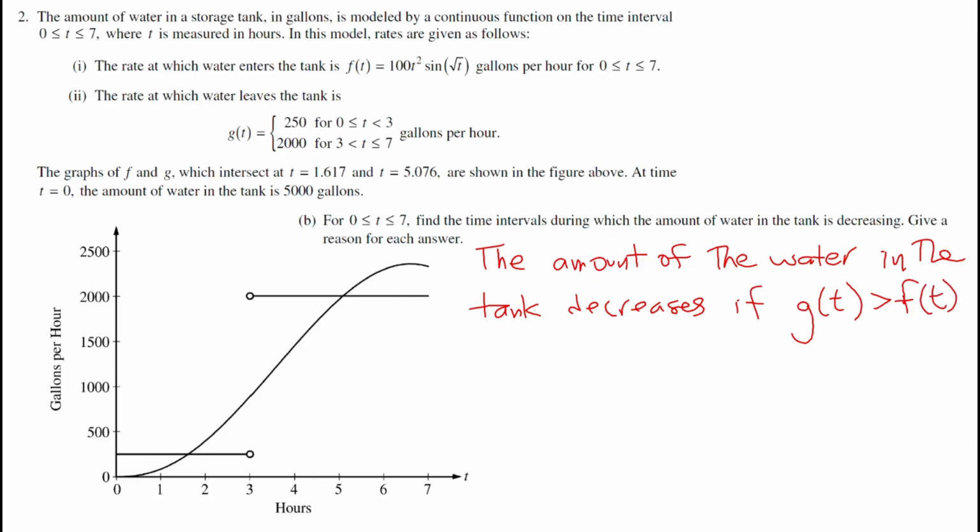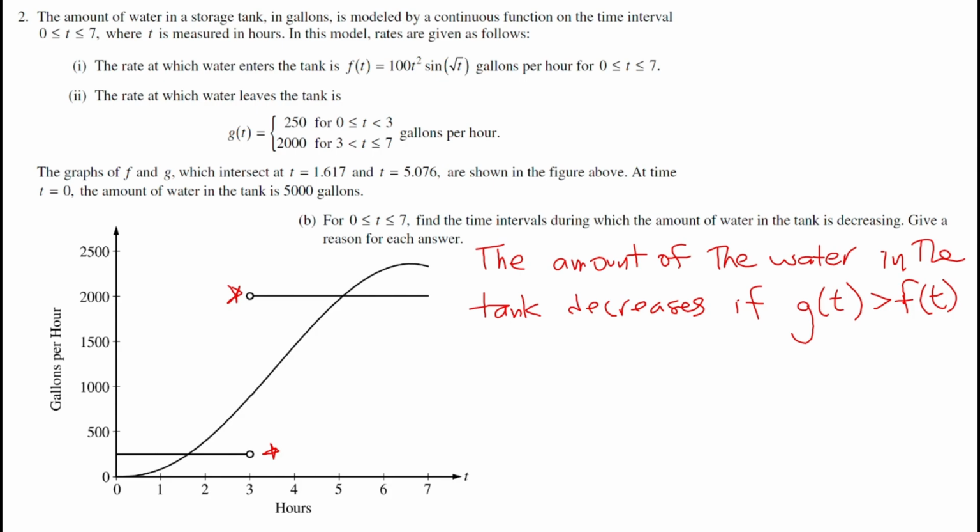So that's when the amount of water in the tank is going to decrease, right? If the rate at which it's leaving is greater than the rate at which it is entering into the tank. And so g of t is this piecewise linear function, and f of t is the curve that we've got on there.